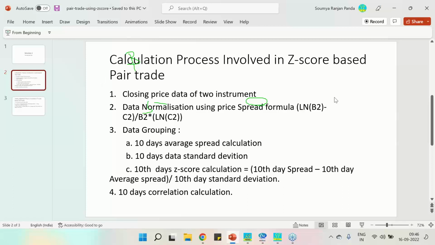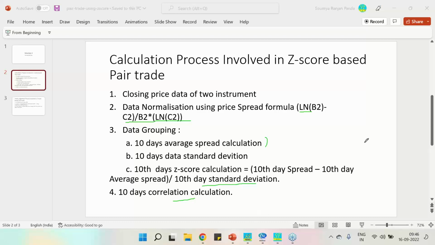There are two aspects involved in the Z score. First, the normalization of the data. Bank Nifty is a different entity, Nifty is a different entity. We normalize the data, then group it into the average spread and find the correlation as well as the 10-day standard deviation with the Z score.